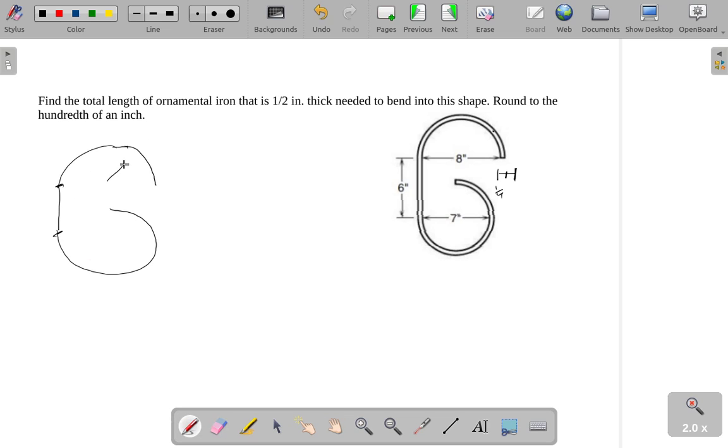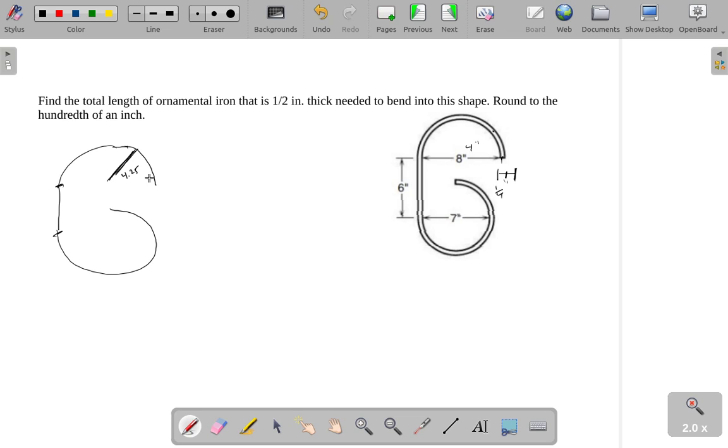Alright, so this distance right here, the inner radius would be 4 inches, but we're going to go half the way through the pipe, which is 1/4 of an inch. So this radius right here for this section is going to be 4.25. It's 4 1/4 inches. Again, that's the half of the inner diameter. Half of 8 is 4, and then I'm going the halfway into the pipe. That's why I'm adding an extra 1/4 of an inch.